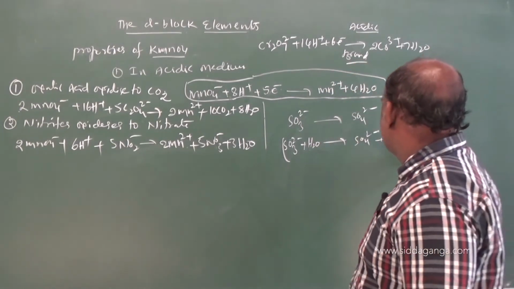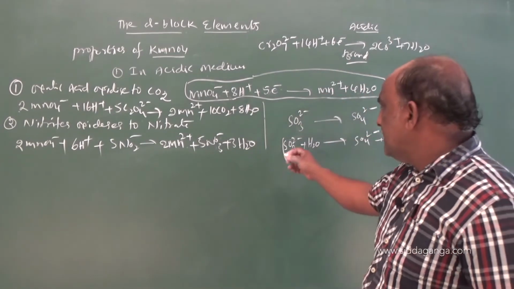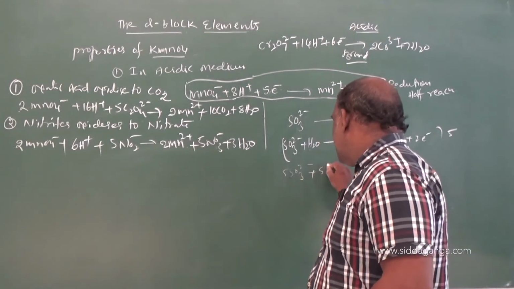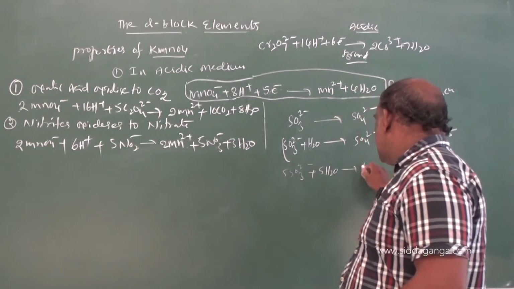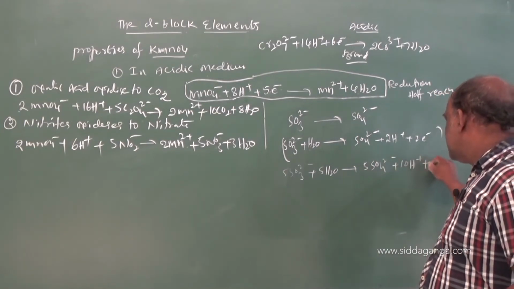So here, equation multiply with 5, equation multiply with 2. Multiply with 5 means we will get 5SO3 2 minus plus 5H2O gives 5SO4 2 minus plus 10H plus plus 10 electrons.